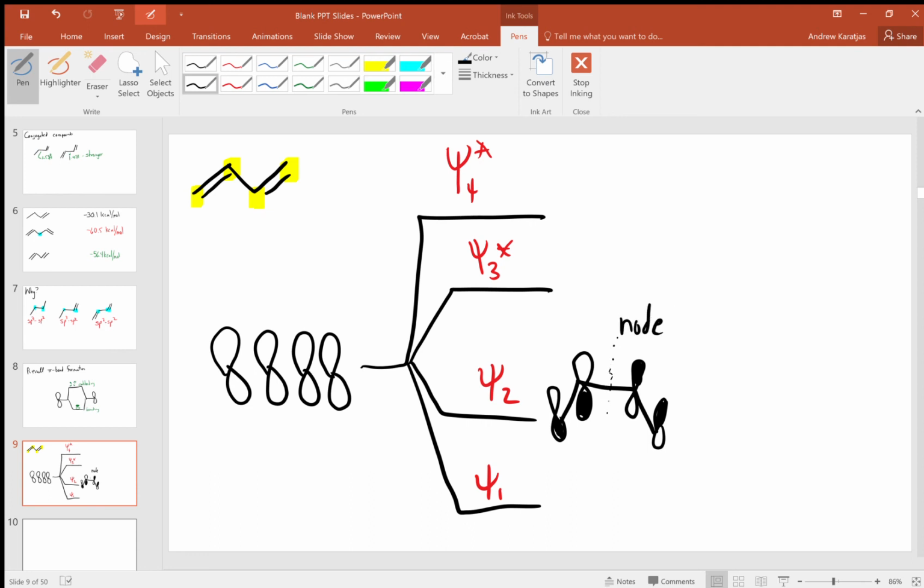And so this situation looks exactly like 2 pi bonds. One on the first 2 carbons, one on the second 2 carbons. And then we also have these higher energy ones, which don't really matter as much in this situation because they're going to be empty. But Psi3 has 2 nodes, and Psi4 has 3 nodes.